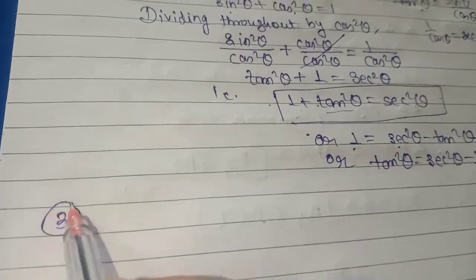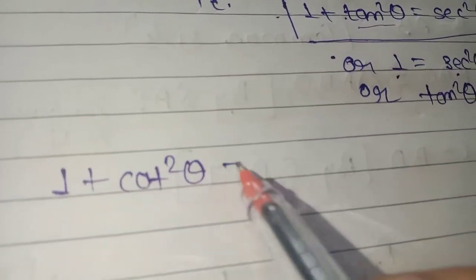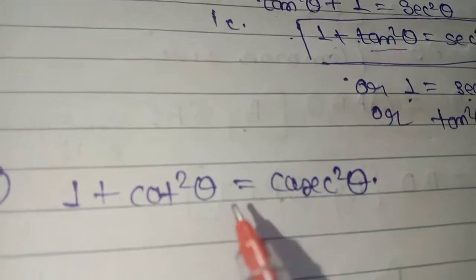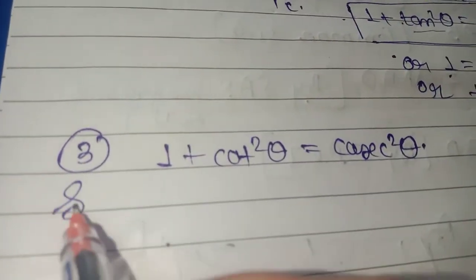Let's prove the other one, the last one. It is 1 plus cot square theta is equal to cosec square theta. Again we will use the first identity, this one, to prove. So let's write down the solution now.